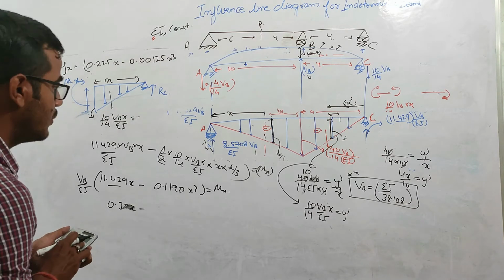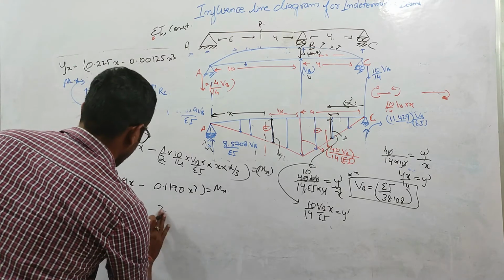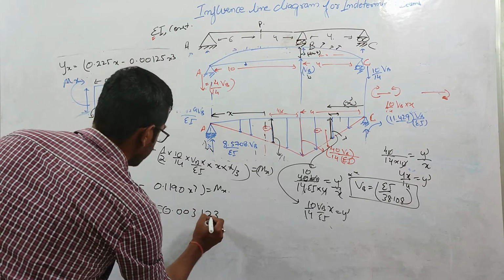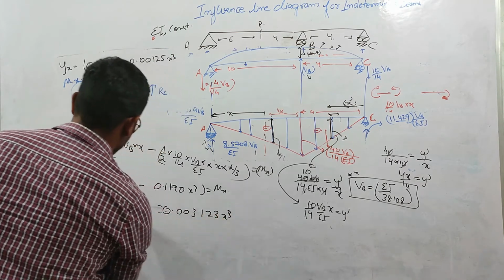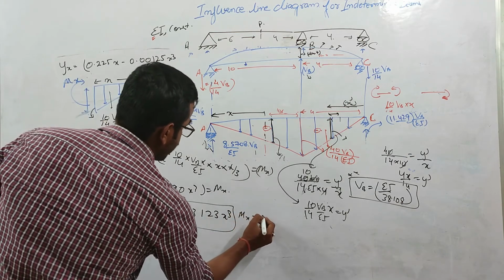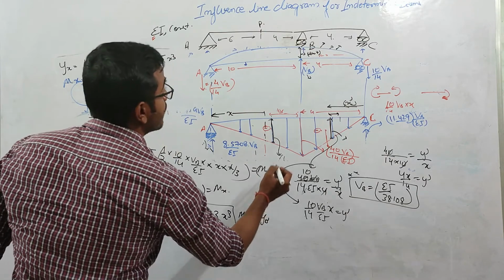So this value comes out to be 0.003123 x cube. This is equal to Mx, or you can say the y deflection for this portion.